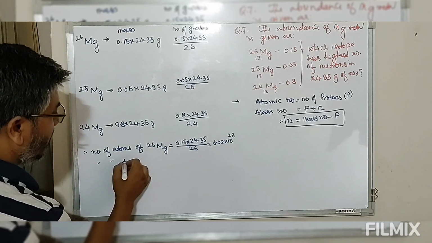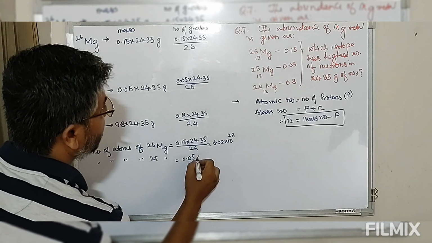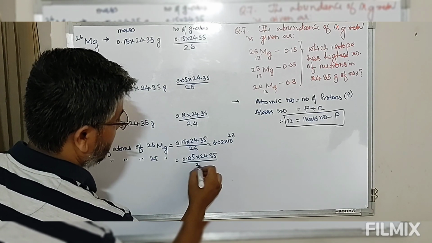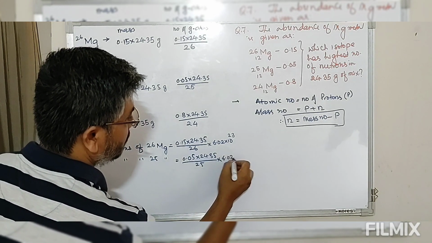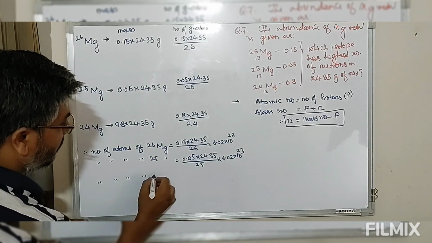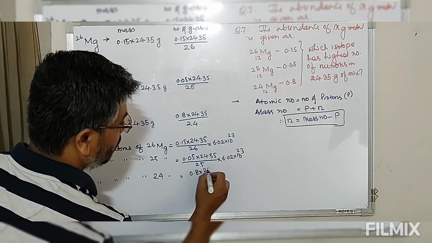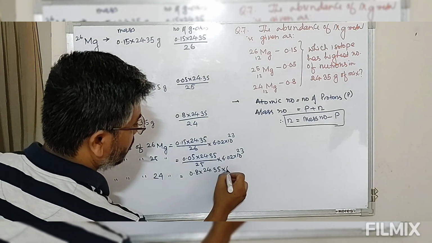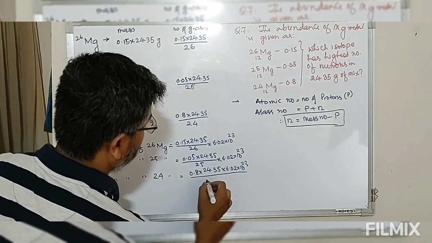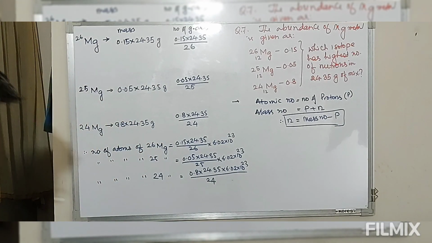The number of atoms of 25 is 0.05 into 24.35 divided by 25 into 6.02 into 10 to the power 23. The number of atoms of isotopic mass 24 is 0.8 into 24.35 into 6.02 into 10 to the power 23 divided by 24. These are the numbers of atoms of the three isotopes present.